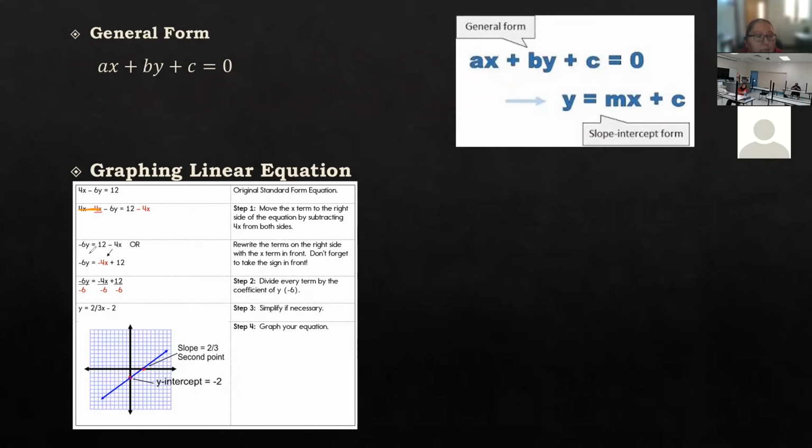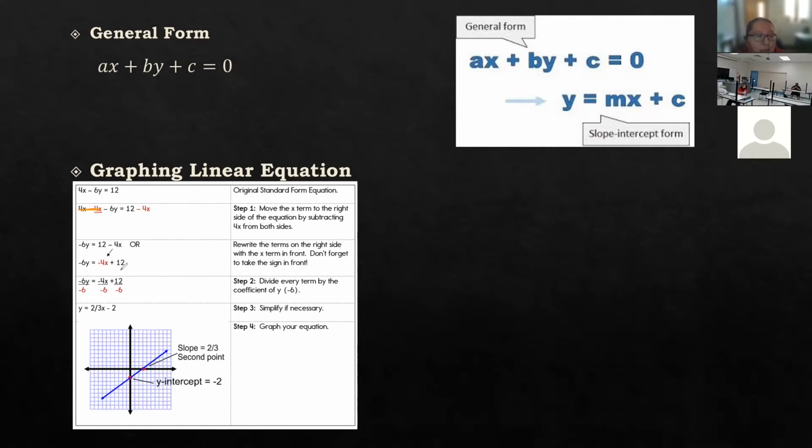Now we have our negative 6y equals 12 minus 4x, or we can rearrange it and put it into the y equals mx plus b form. But don't forget, once we move it, we have to leave the sign with it because it came attached. So that's why it's still a negative 4x right here.